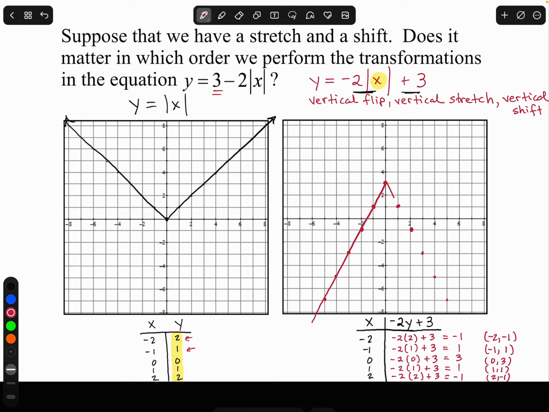And we will connect those sides, and you can see we now have a graph where we took our original one and vertically flipped it so it opens down. You can see the stretch, instead of going over 1, up 1, it now goes over 1, down 2. There's the stretch. And the fact that we moved it from 0 all the way up to 3, there's our vertical shift.